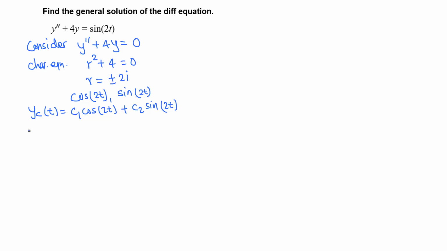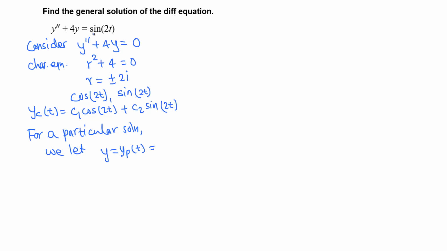Okay, so for a particular solution, we let yp be just a constant times whatever we have on the right hand side.